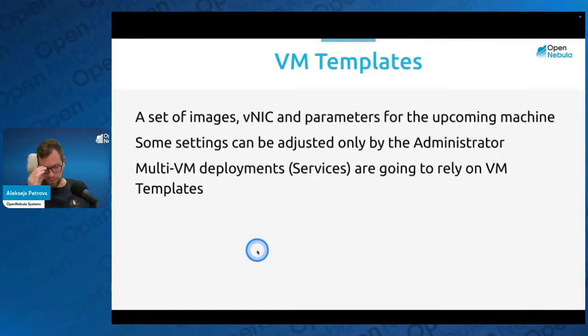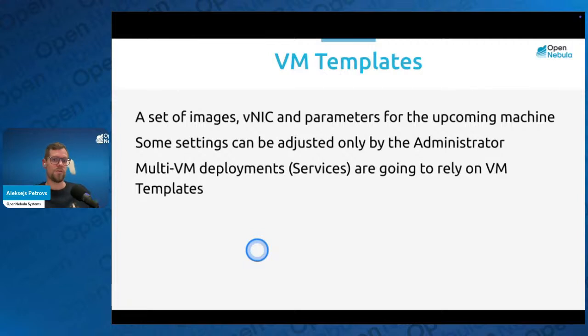So what are virtual machine templates? What's that? A virtual machine template is a reference to a set of images. It may be one image, maybe multiple images, and a set of virtual networks, because your virtual machine can run with multiple networks. That can be defined at the template level. Also some parameters for the upcoming virtual machine, for example the memory usage, the CPU, and also a startup script, can be defined at the template level.